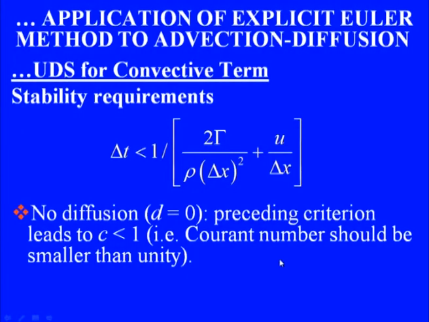Now this condition is also referred to as Courant-Friedrichs-Lewy condition or the Courant condition, and this is an important requirement for the use of explicit time stepping schemes in CFD applications, that the Courant number should always be less than unity.